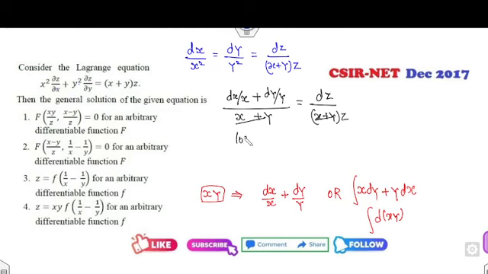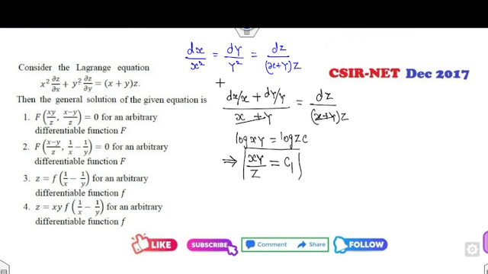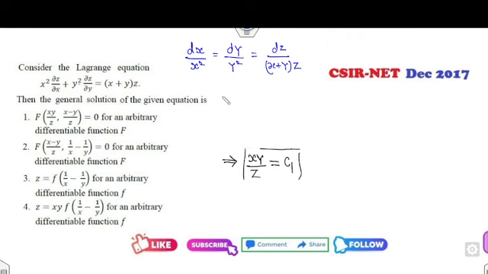It will be log x plus log y, which is equal to log of z plus c. So clearly the first term will be xy over z is the first constant. Fine, the first term I have made. Clear? So the first one is xy over z is equal to constant.